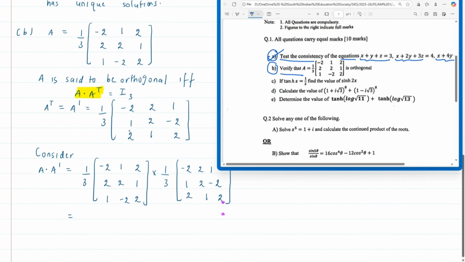So firstly we have the two scalars over here, 1 by 3 and 1 by 3, so that will give us the product as 1 by 9.